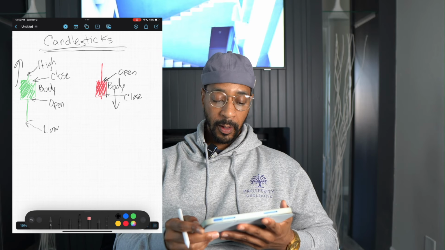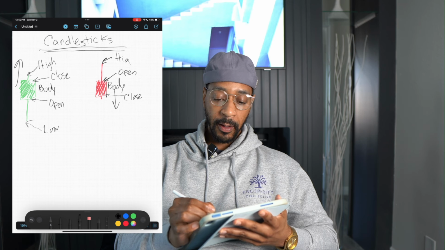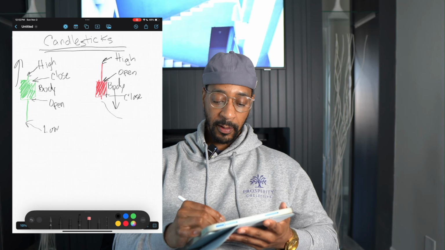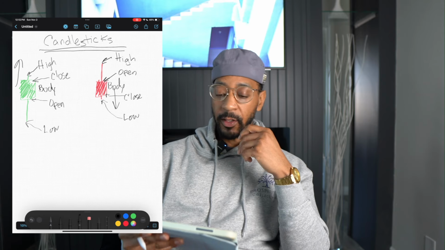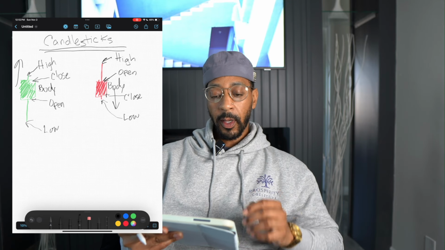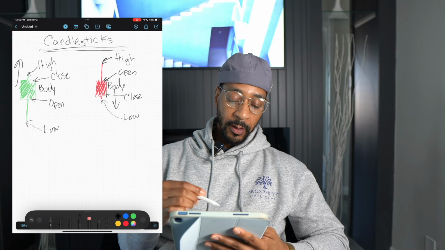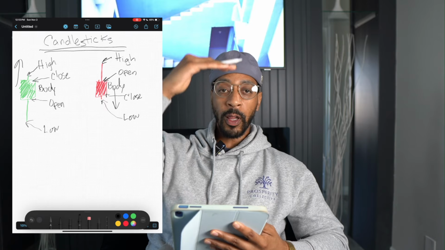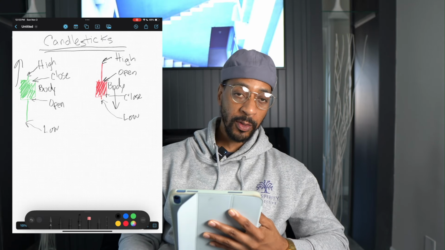Okay? This is the high and this is the low. All right? So when it's going up and it's a green candlestick, it opens here and it'll close higher, and that's what makes it a bullish candlestick.